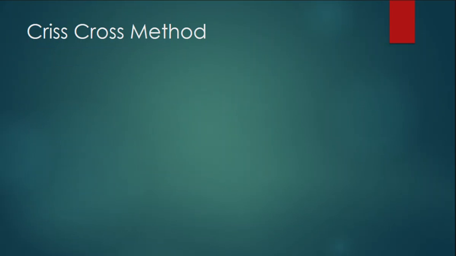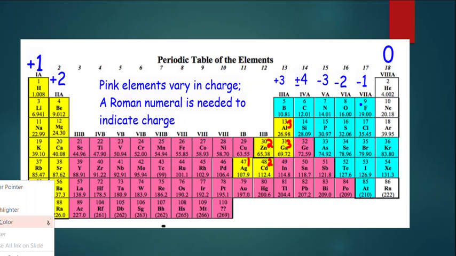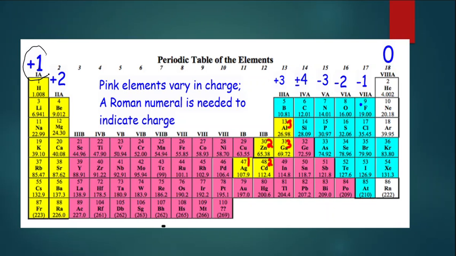Now, go to your periodic table and write this down. Everything that is in blue or red, not the middle stuff. I'm going to circle what you need to write down. Write that and that, and that, and that, and that.